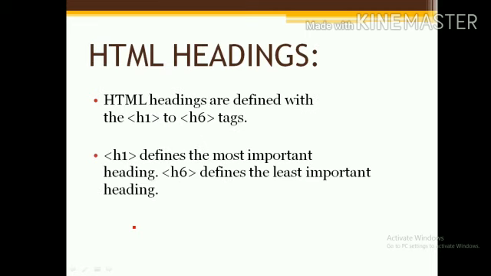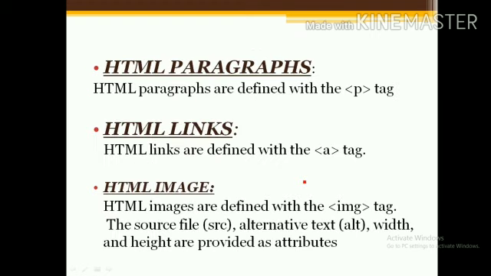Now in a document, we will study HTML headings. HTML headings are defined as h1 to h6, meaning h1, h2, h3, h4, h5 and h6. Your h1 is displayed for the most important headings, h6 is defined for the least important. Means h1 will be your biggest heading and h6 will be the minimum size.